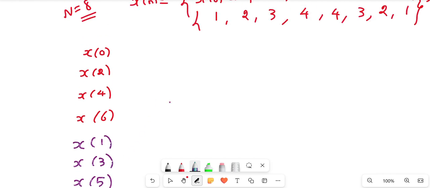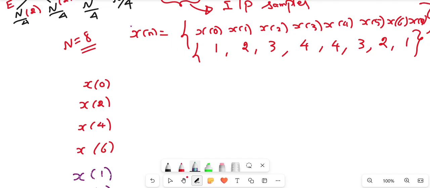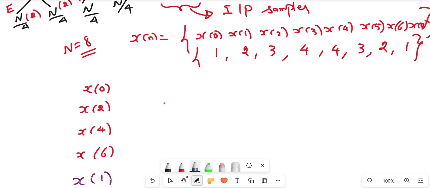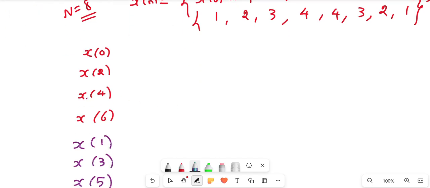So the x of n sequence, the 8-point, is divided into two 4-point sequences, the odd and even parts. You have split the x of n into even and odd.